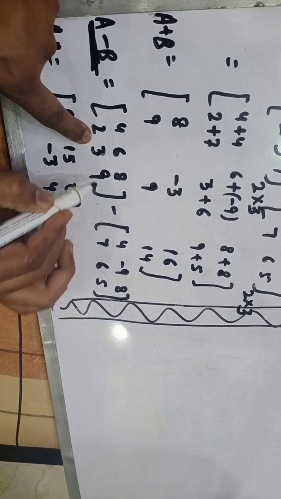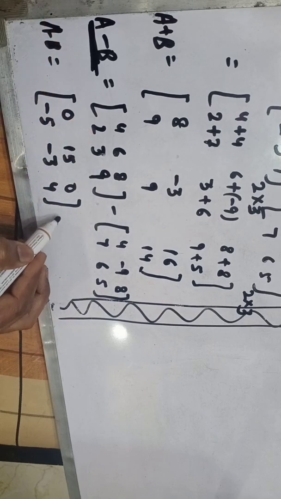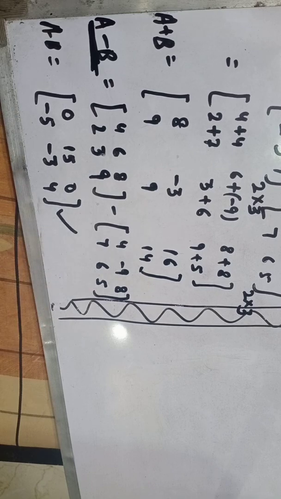And 9 minus 5 is 4. So this is the subtraction of two matrices.